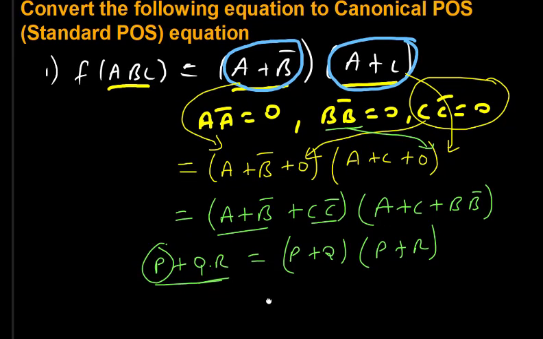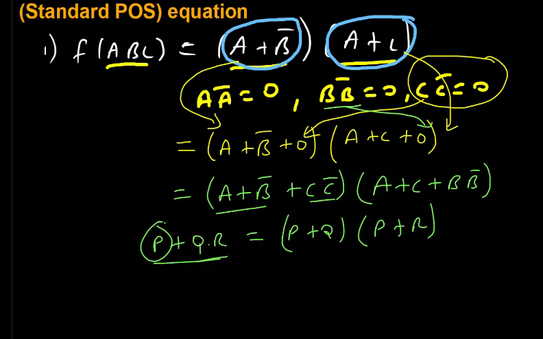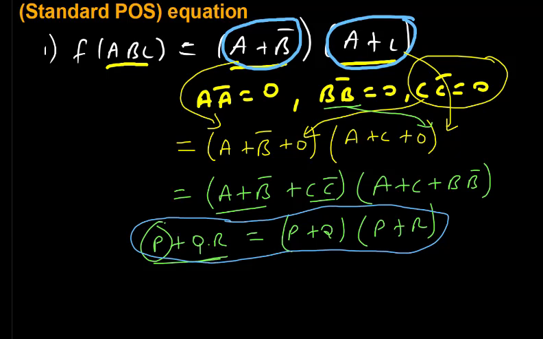So if we apply this particular rule individually to these two expressions, what we have is A or B bar or C, then in the next one we have C bar.